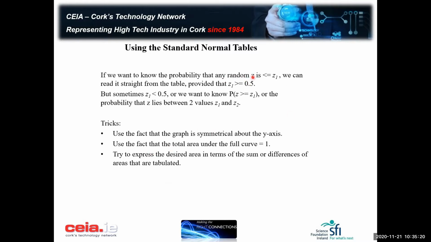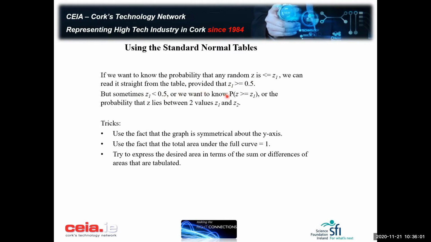So if we want to find the probability that a number is less than Z1, we can just read that straight from the table. Unfortunately, they only tabulate half of the values. That's a typo there; it should be 0. It's only tabulated for Z1 greater than or equal to 0.